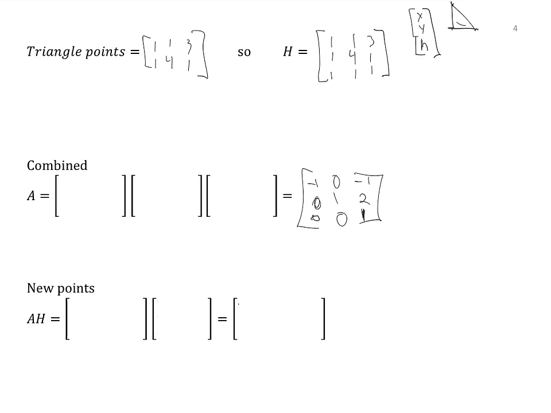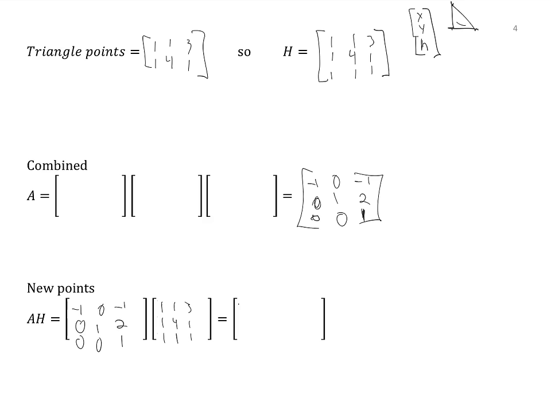So if we multiply a by h, we should have minus 1, 0, 0, 0, 1, 0, minus 1, 2, 1. And our points, let's multiply them by this. So what do we get? We have 1, 1, 1, 1, 4, 1, 3, 1, 1. And the multiplication gives us what?